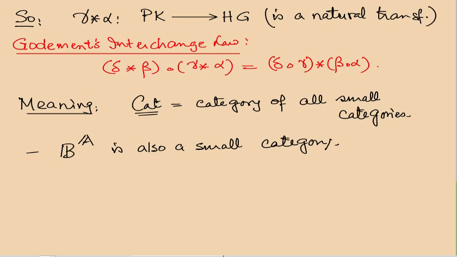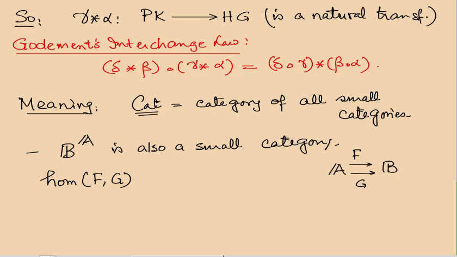So what do I know? How many natural transformations are there between two functors? Let's see that. Suppose I have to check this, where, how many transformations are there between the two functors?